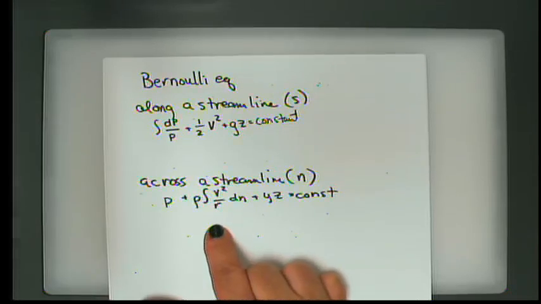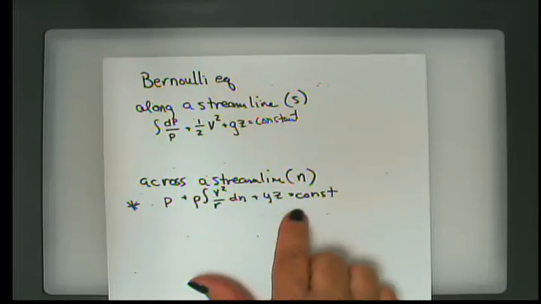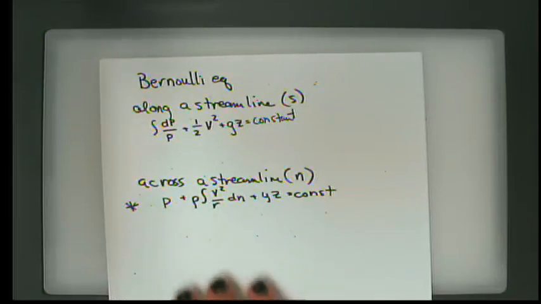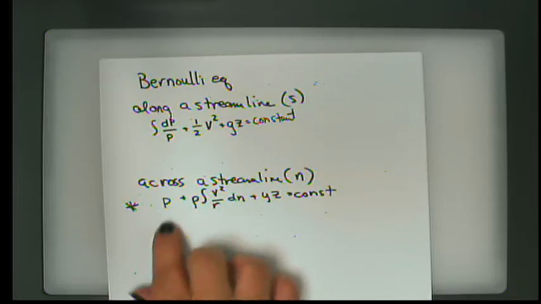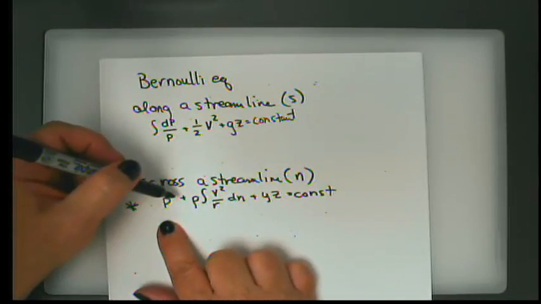Now as you can see, first of all, this one looks a little bit more complicated to use, doesn't it? But it takes into account the difference in the acceleration terms, and we have something equal to a constant in both cases.